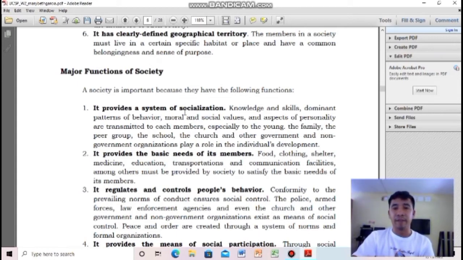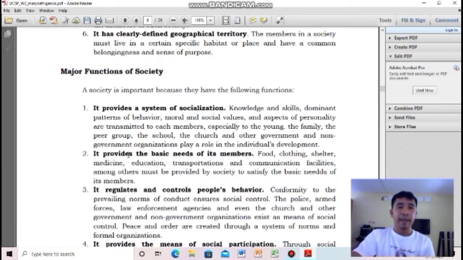Naka-learn kita sa aton nga friends, sa school, sa church, or as a government as a whole. So these are collective rules of this system of socialization that help shape or improve the individual's development.